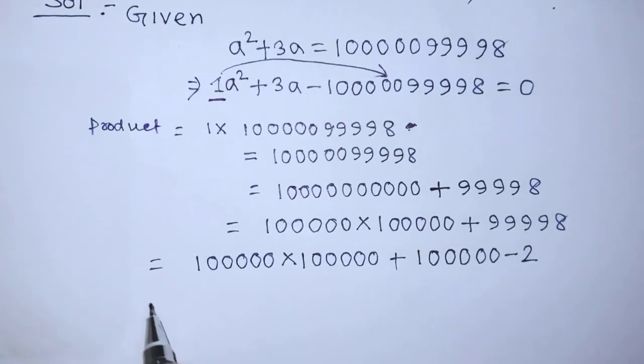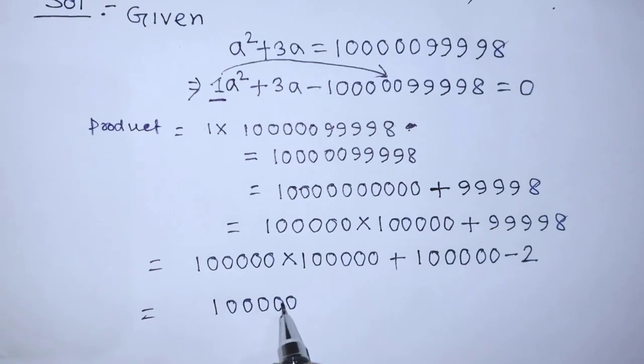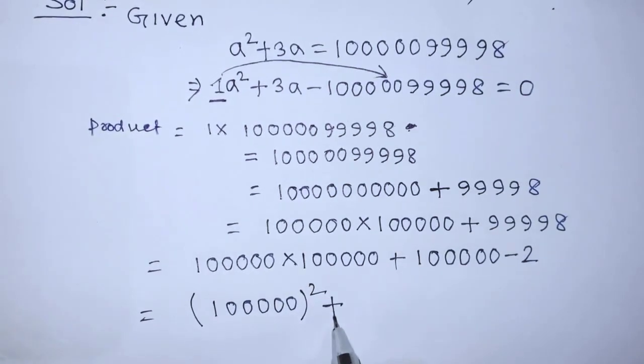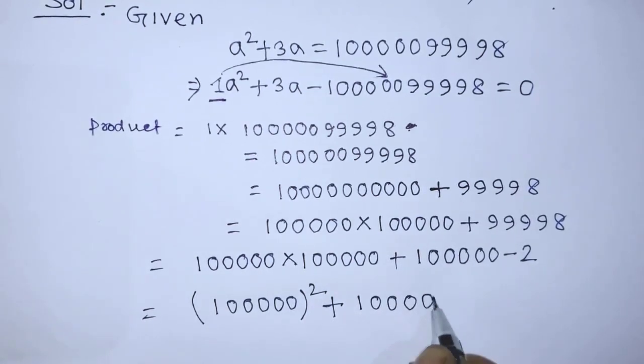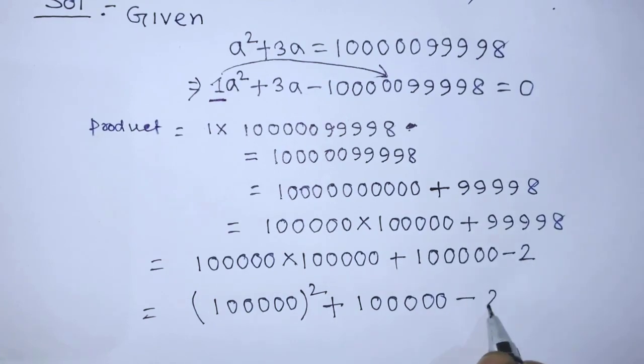After that we can write 1 lakh to the power 2 plus 1 lakh minus 2.